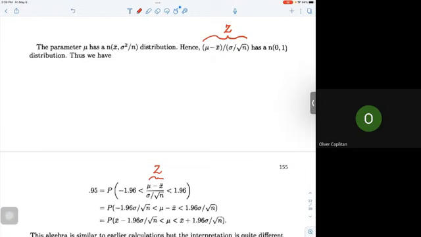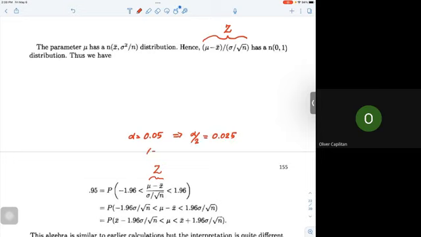Okay, so parang z ito. The probability that our random variable z is greater than negative 1.96 but less than 1.96. Actually, we consider alpha here to be equal to 0.05. And then this would imply that our alpha over 2 is equal to 0.025.